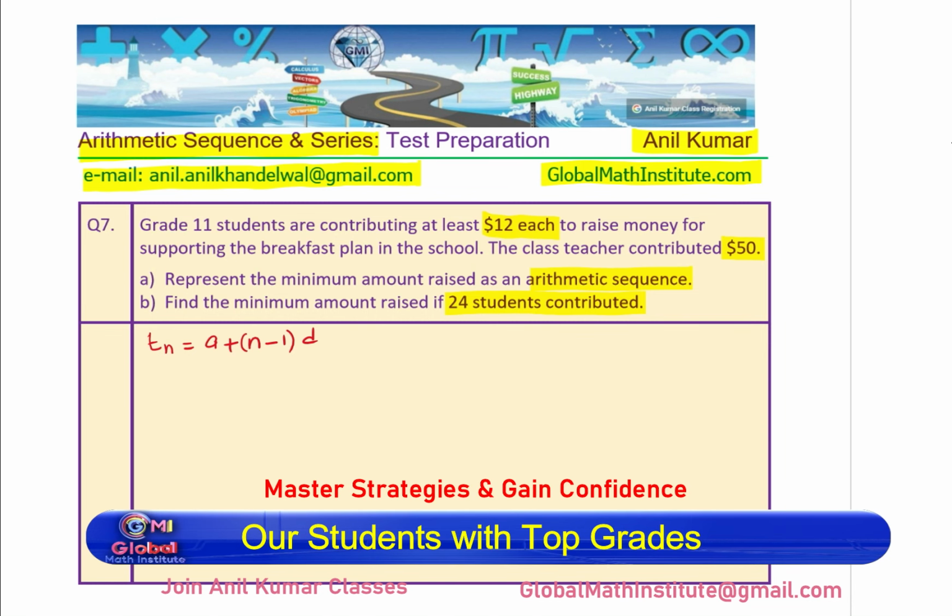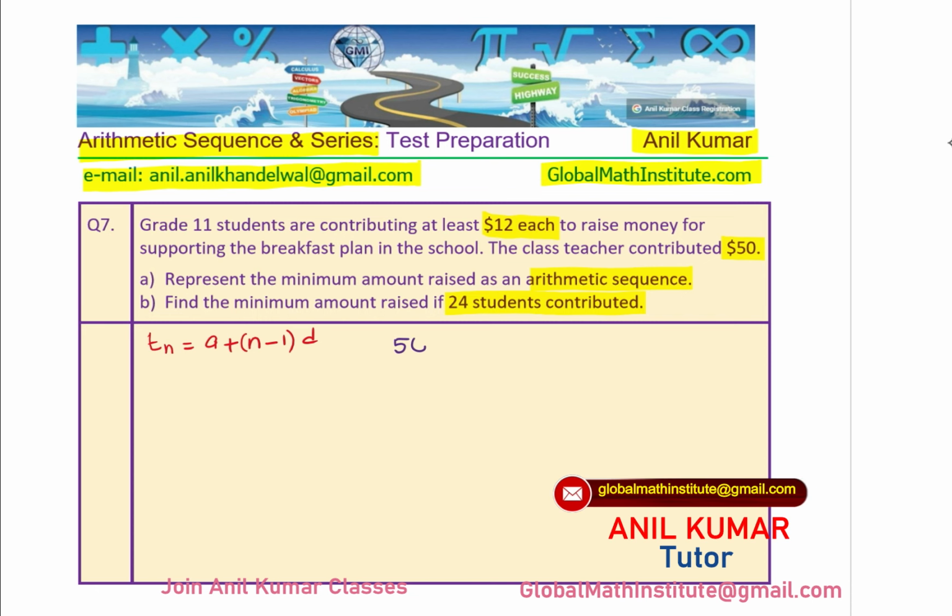So that is something which is being added each time. And the class teacher contributed 50. That means we should start from 50, the contribution of the class teacher, and then add 12 each to get the values which are contributed by the students.